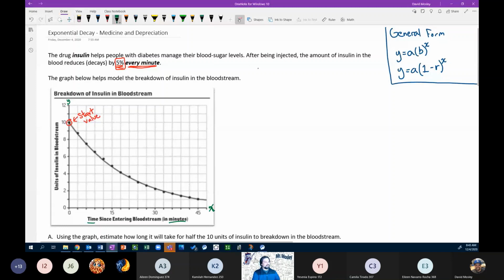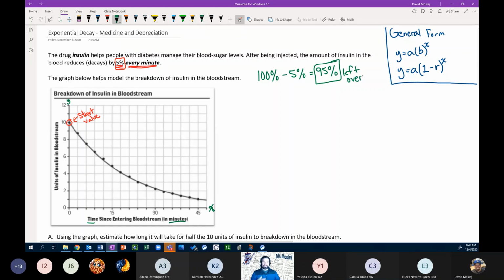Because if we start with 100%, lose 5%, we're left with 95%. We have 95% left over.